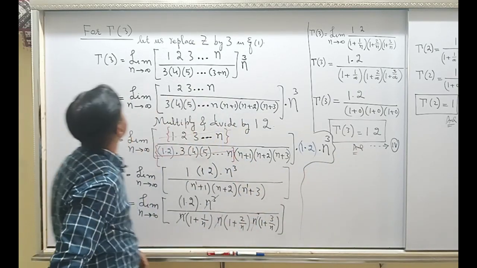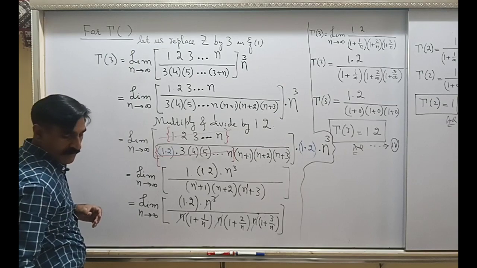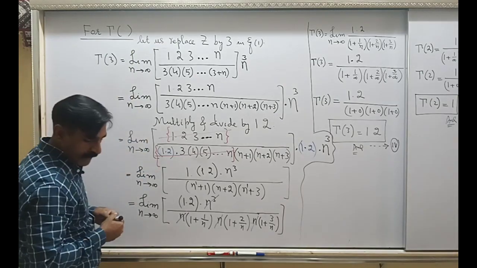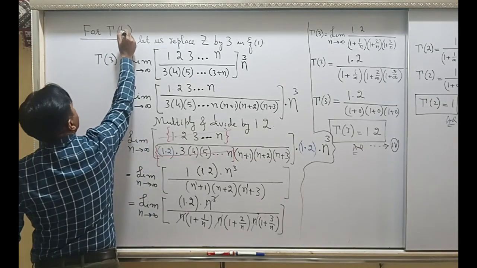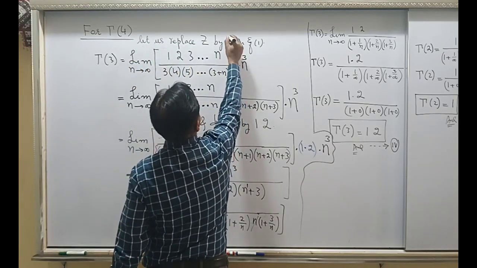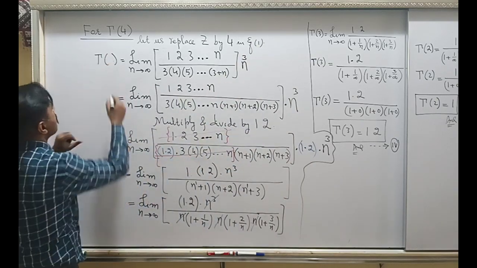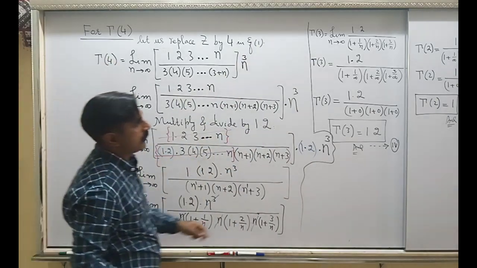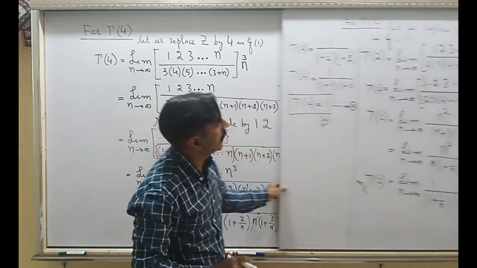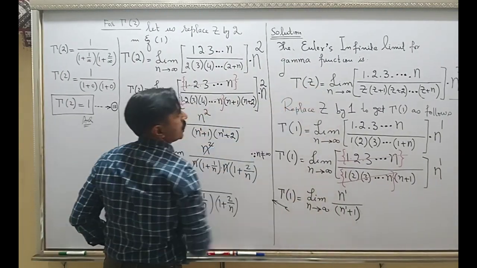So let's calculate. For gamma 4, let us replace z by 4 in equation 1. So here you will get 4 from equation 1. Here is your equation 1. This is gamma 4.